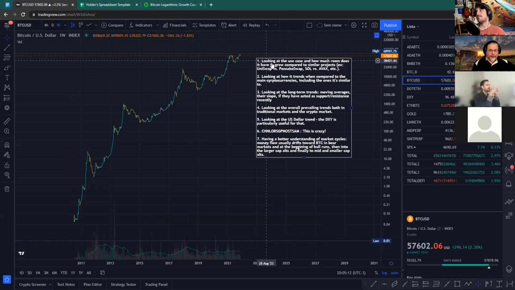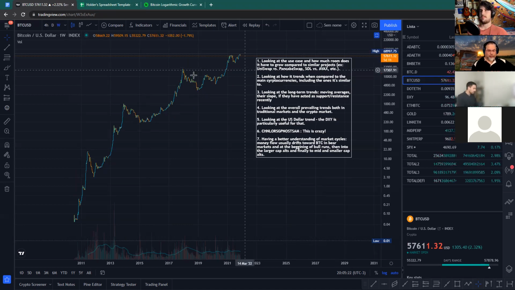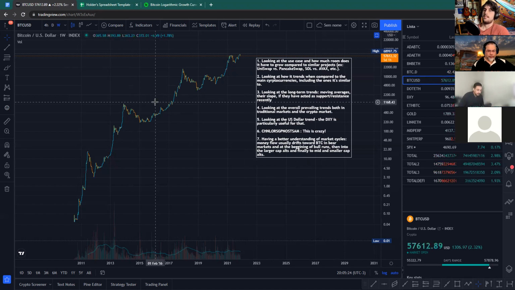The first one for macro analysis, and the most important one besides looking at trends, is, if it's not a very established coin, if it's a newer or smaller coin, looking at the use case.